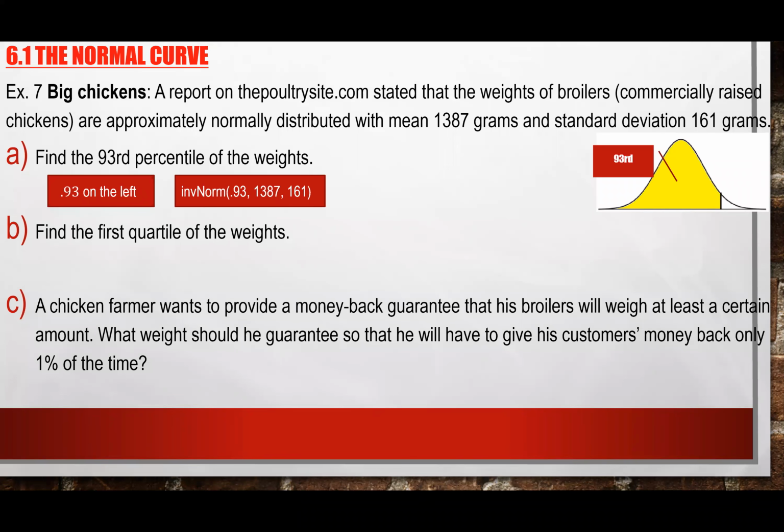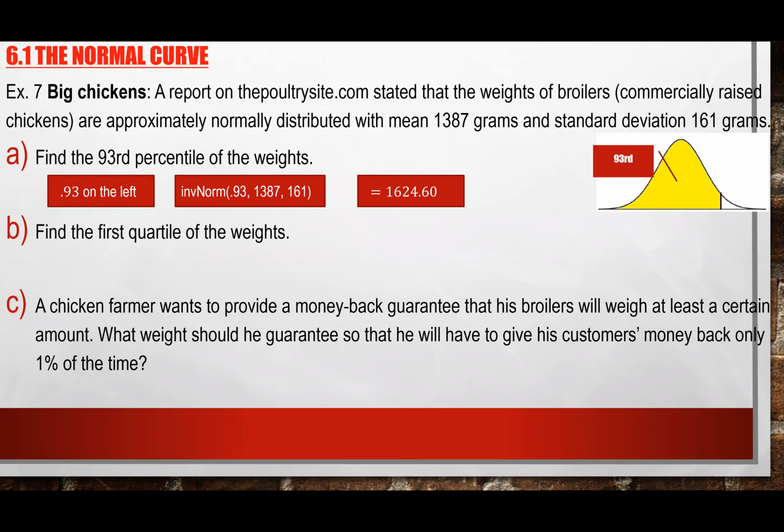If you type this in, do you agree that a chicken weighing 1,624.6 gram will be considered the 93rd percentile, meaning it weighs more than 92 other chickens, if we have 100 chickens on this farm? So again, we're using the same concept. It's just that they change the wording on you.